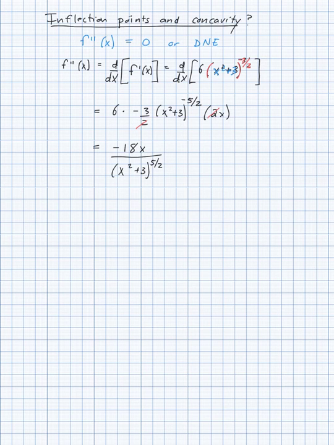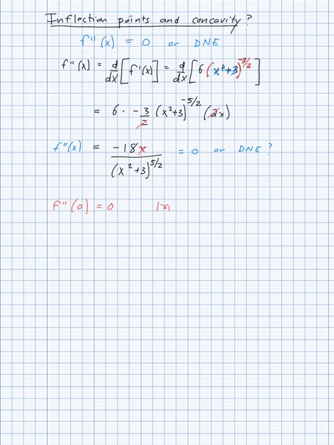And so the question is, are there values of x that make this 0 or undefined, does not exist? This is the second derivative. And in this case, there is. The second derivative for x equals 0 will equal 0 because we have an x in the numerator.